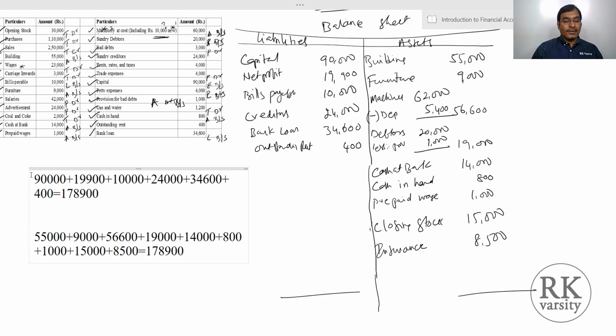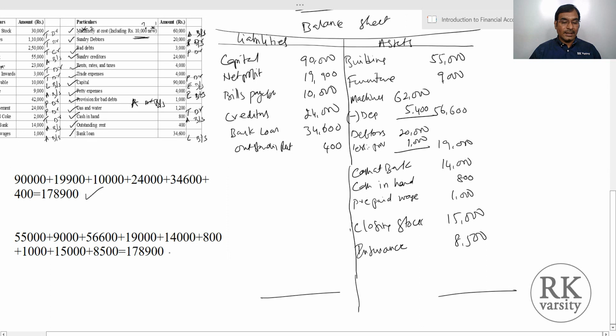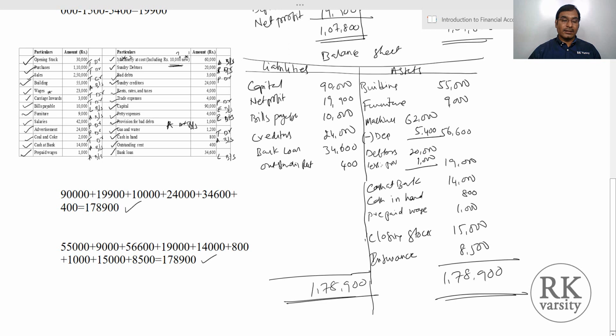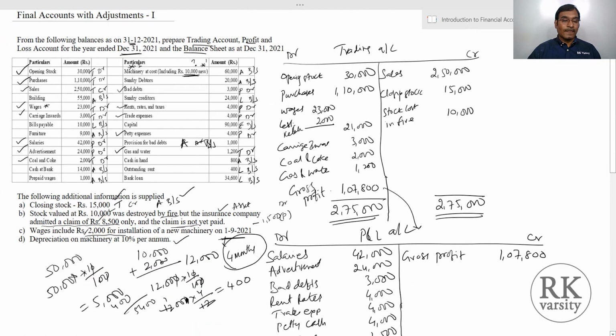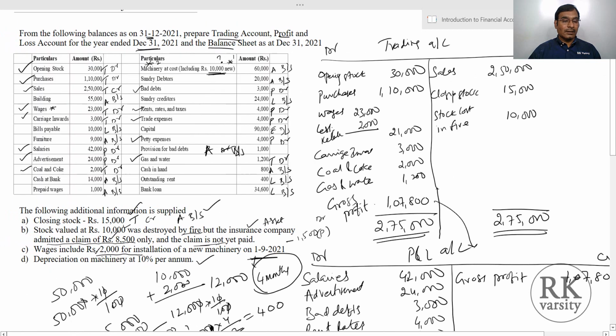So 1,78,900. That is perfect. So both your assets and liabilities are the same. That means we created a trading account, profit and loss account, as well as a balance sheet, all three financial statements in one go with all your adjustments.